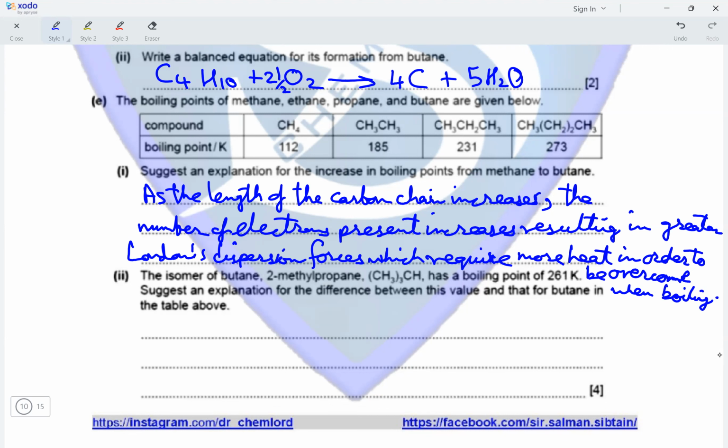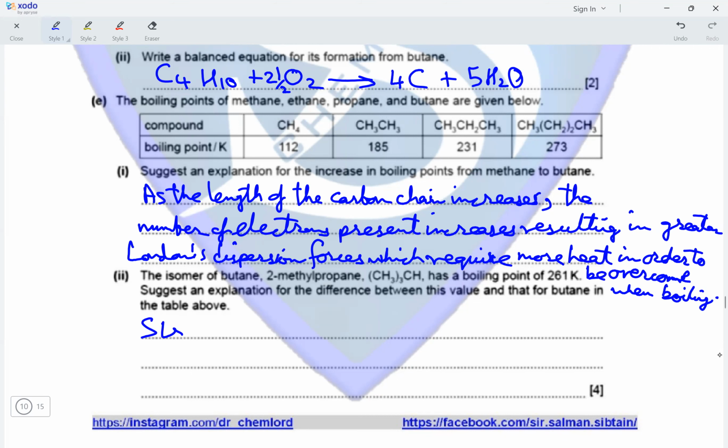The isomer of butane, 2-methylpropane, has a boiling point of 261 Kelvin. Suggest an explanation for the difference between this value and that for butane in the table above, which is 273. So the isomer which is branched has a lower boiling point. It means that it has a smaller number of London dispersion forces present. So that is because of the branching.